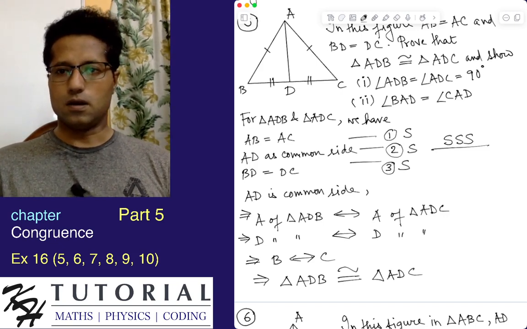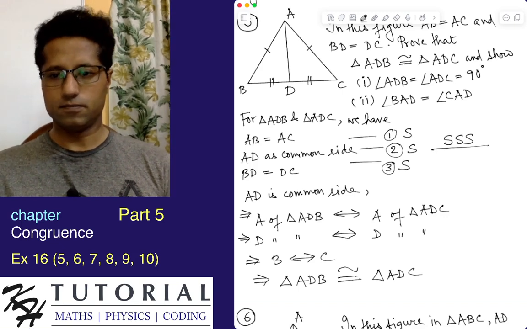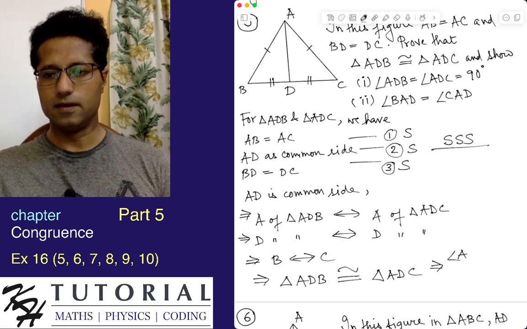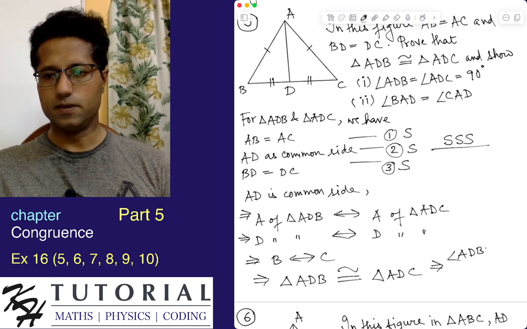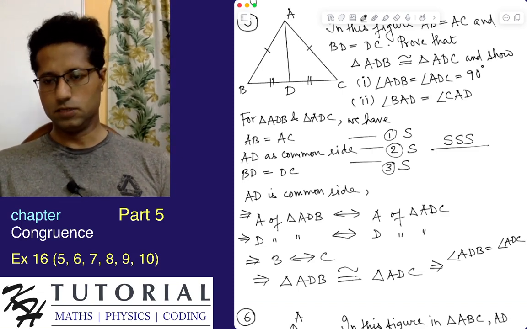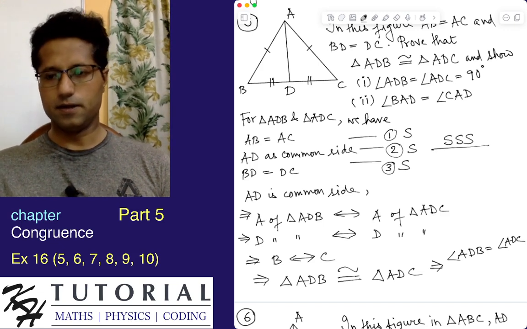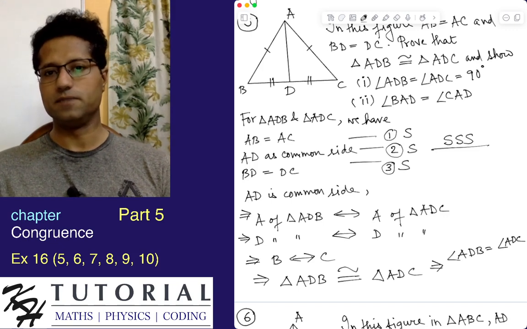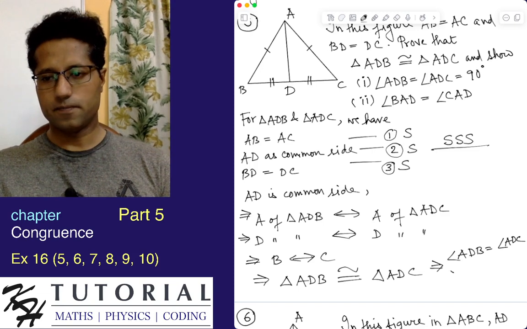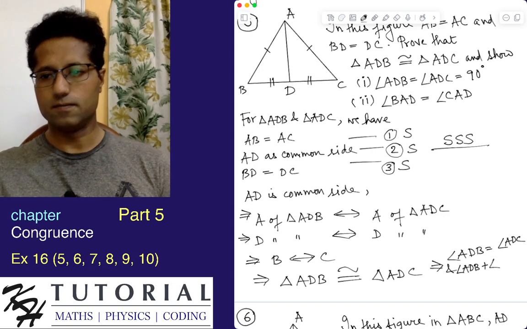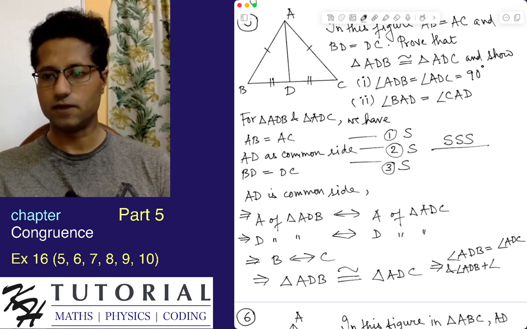Now it is asking to say, so this will imply we can say that angle ADB will be equal to angle ADC, and since these two angles are a linear pair, as they lie on the same side of the straight line BC at the point D, their sum is always 180 degrees.